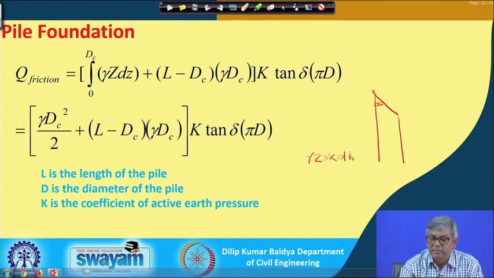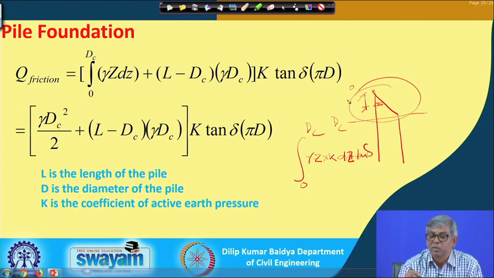Then if I multiply by dz, it becomes force, and if I multiply by tan delta, it becomes the unit skin friction. Here I have taken z as a variable. Now, if I integrate this from 0 to, suppose, D_c, I can find the load taken by the pile because of friction.